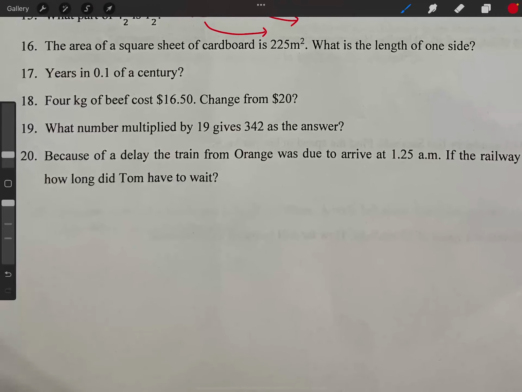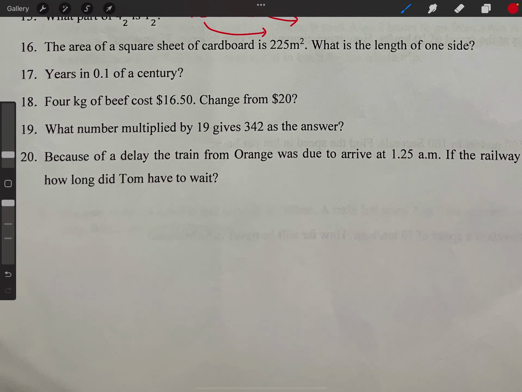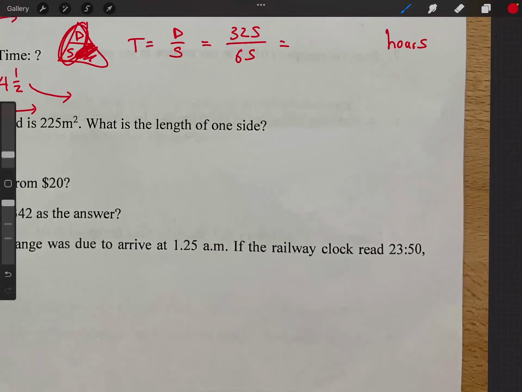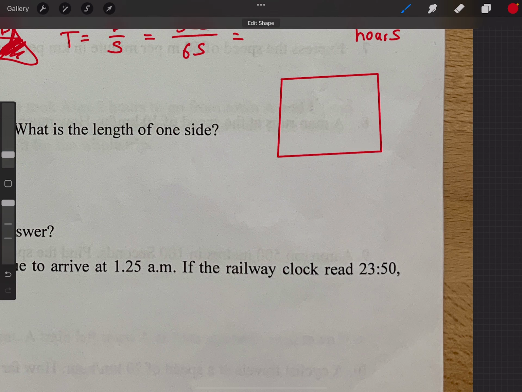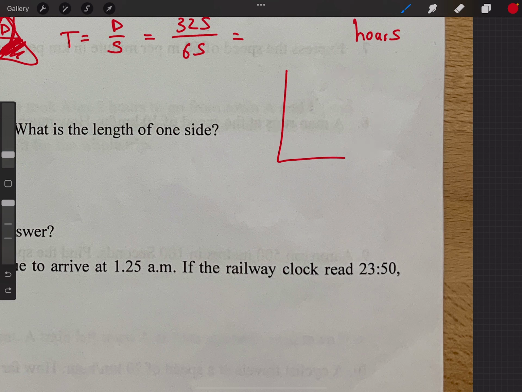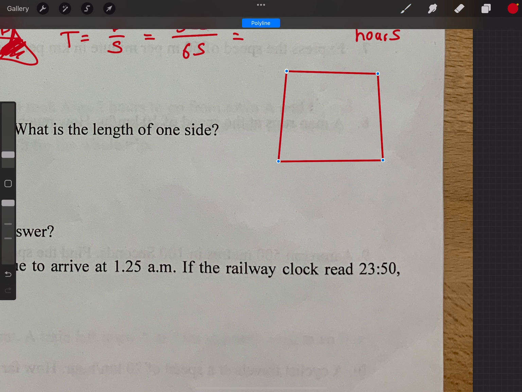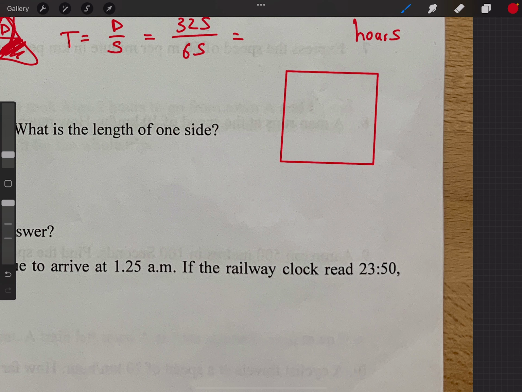Question 16. The area of a square sheet of cardboard is 225 meters squared. What is the length of one side? Imagine you have a piece of square. Oh, it didn't let me do a square. Alright, fine, whatever. Imagine that's a square. The area equals 225.